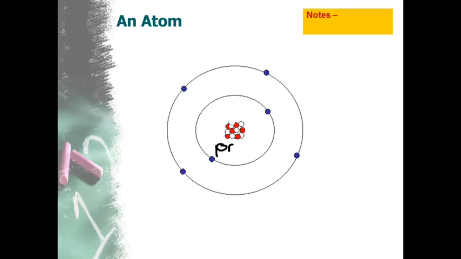Okay, so protons. And you have neutrons. And those reside in the nucleus of an atom. And then orbiting those neutrons and protons, or what's called the nucleus, are electrons.